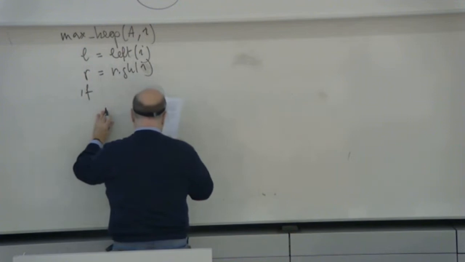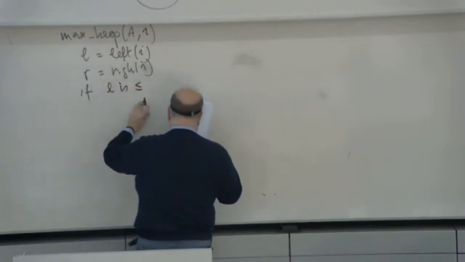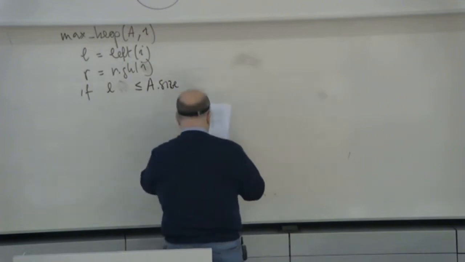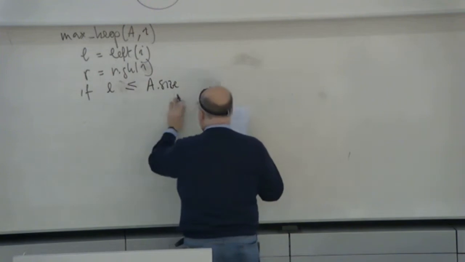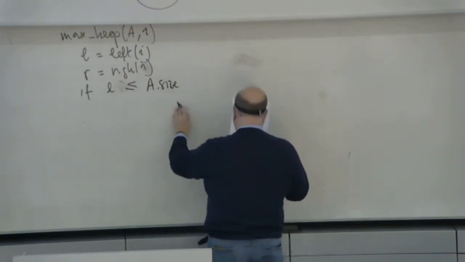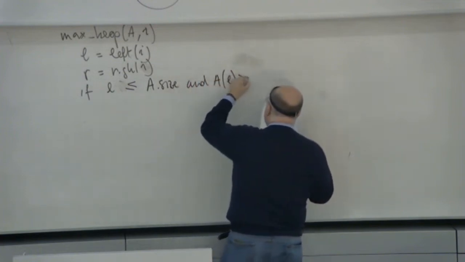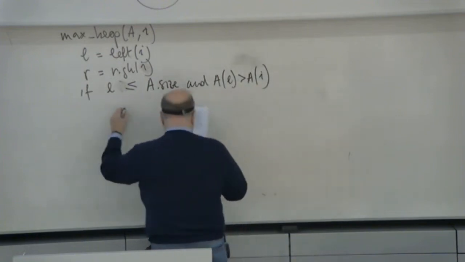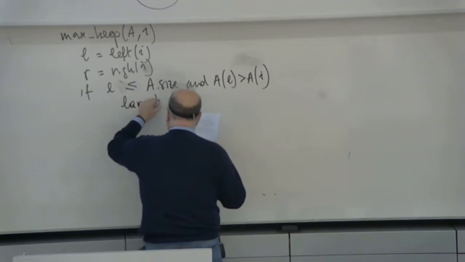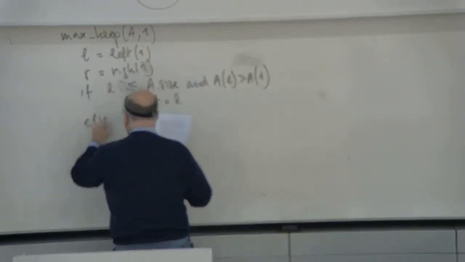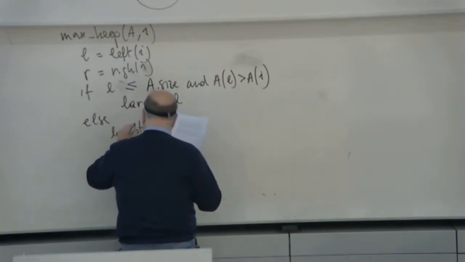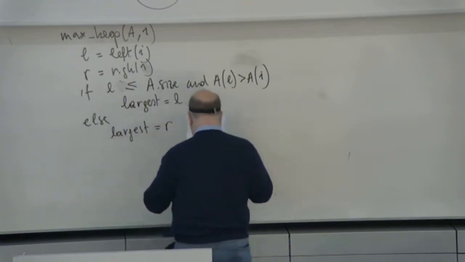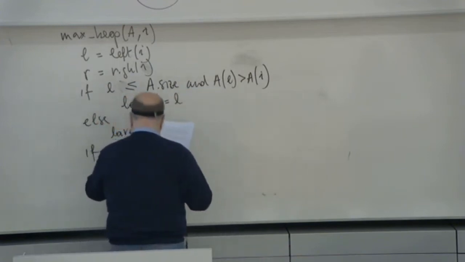And then if L is less than or equal to the size of A, which means that the left is indeed an entry in the tree, and A[L] is greater than A[I], then largest equals L. Else, largest equals I.